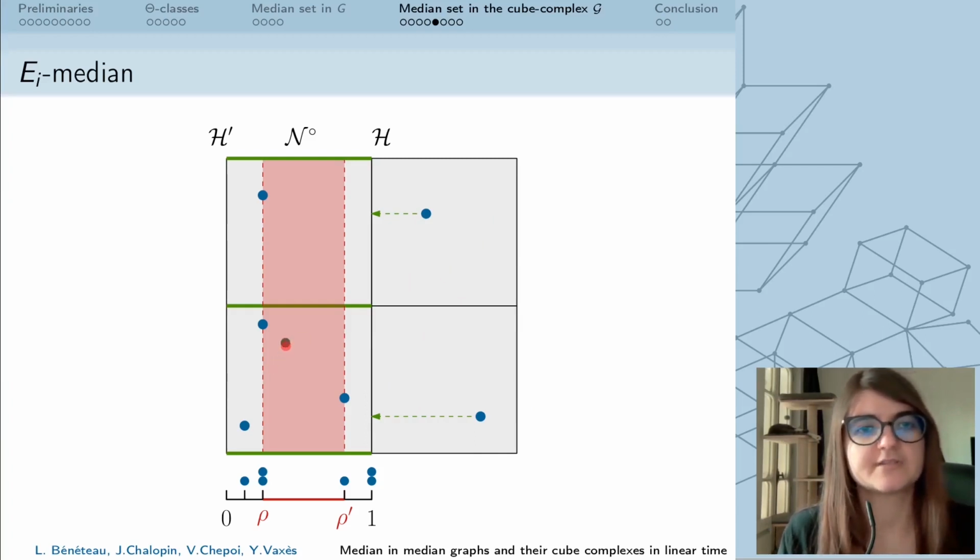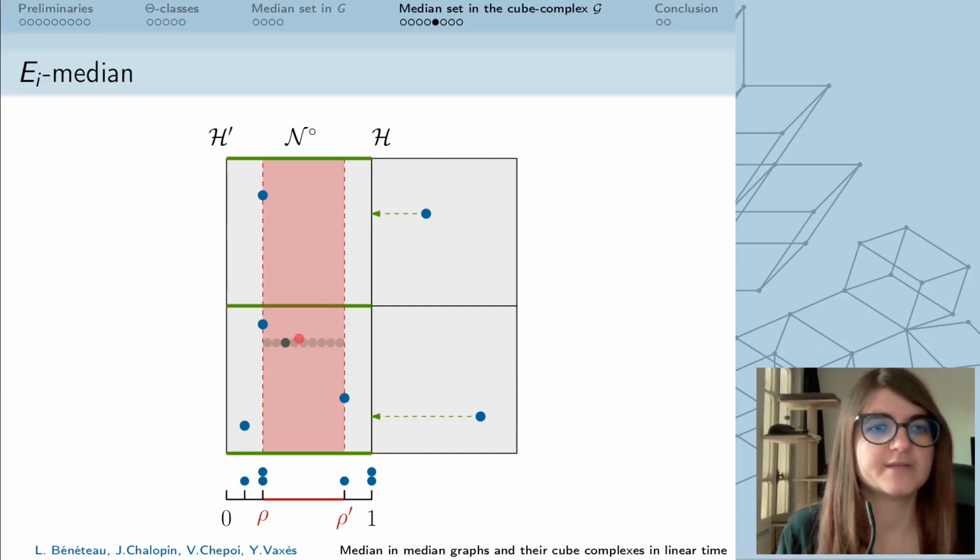And also, if we assume that this point is in the median set, and we only change its EI coordinate, and we keep it between rho and rho prime, then it will always get 3 steps closer to 3 vertices and further from 3 vertices, and that will give the same median function.